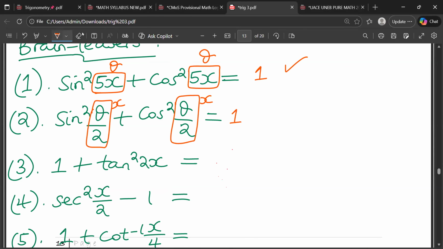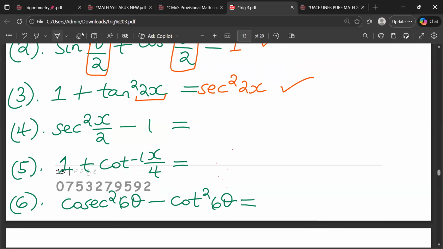So sin²x plus cos²x is also a 1. Then 1 plus tan squared, you just maintain the angle, it becomes sec squared 2x. These are the things they use in most of the examples. Then this one will be tan squared of that very angle, x over 2.